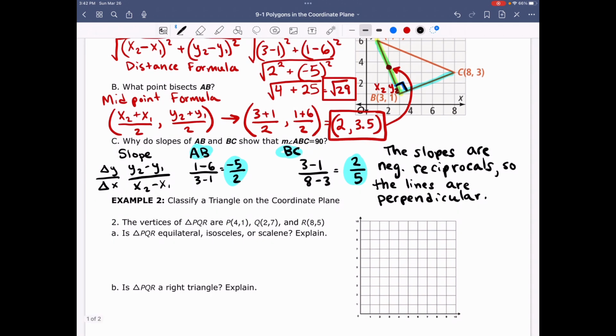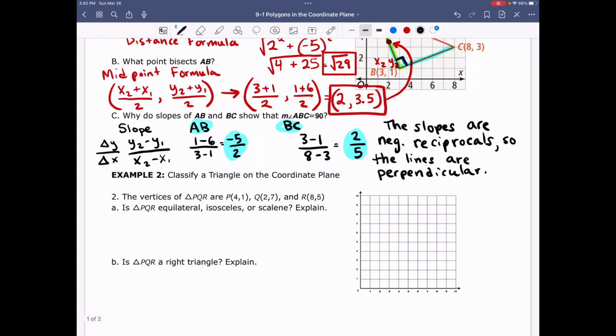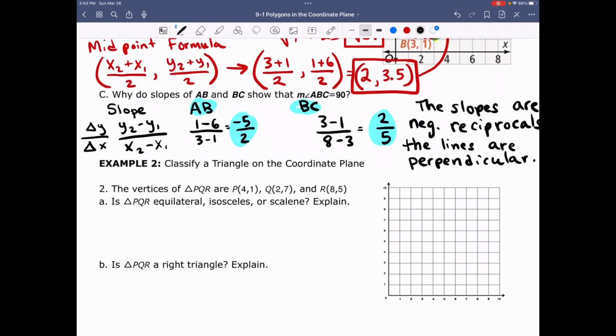All right, moving on to example 2. This one's kind of fun. We're classifying a triangle on the coordinate plane. So the vertices of triangle PQR are P (4, 1), Q is (2, 7), and R is (8, 5). So let's graph that. (4, 1) is right here, that's P. (2, 7) is here, that's Q. And R is (8, 5).